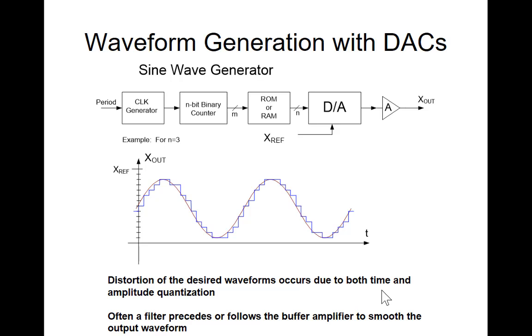So right here, where the waveform is changing slowly, I'm getting a step of this size, maybe a small step. In the region here where the waveform is changing more rapidly, I get bigger steps. So I may actually jump codes here. When I'm trying to generate the sine wave, I might jump a whole bunch of codes where the sine wave slope is steep. And I may not jump any codes where the sine wave slope is very shallow.